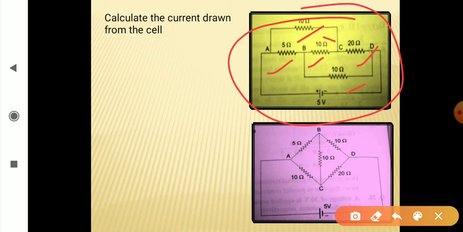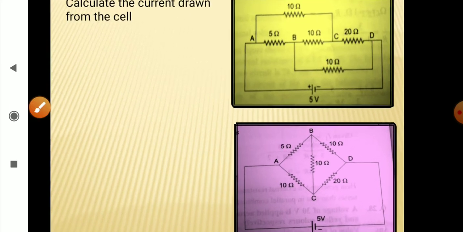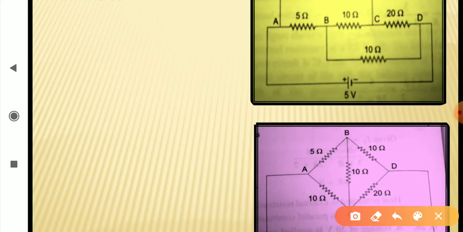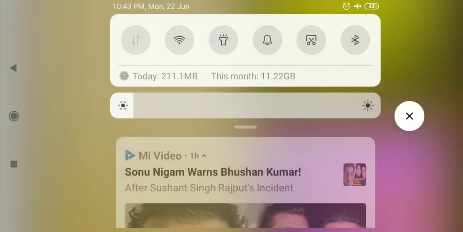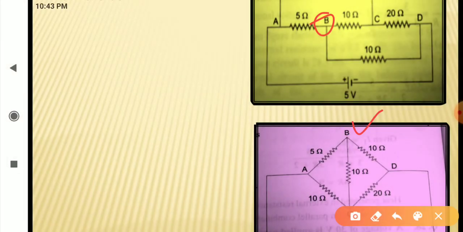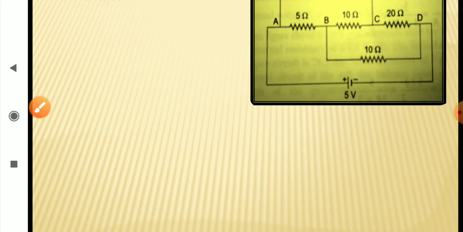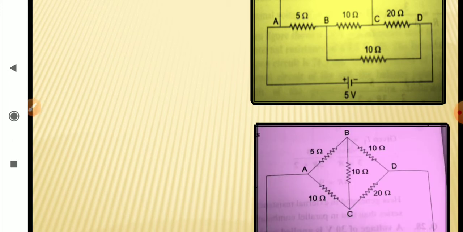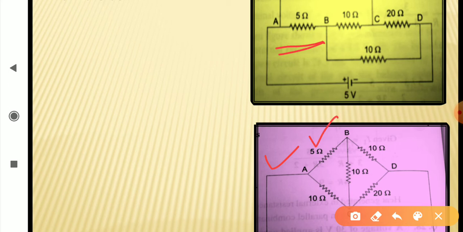So let us draw this arm BC as vertical and see what we get. We have taken this point B at this point, and the C is here. Point C here. Right, and then point A here, and between A and B we have 5 ohm resistance.